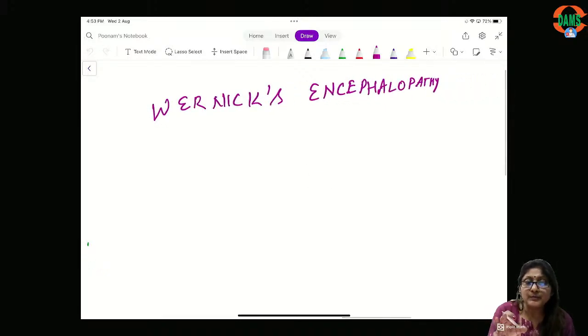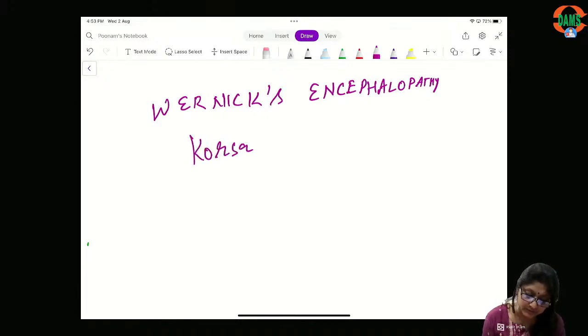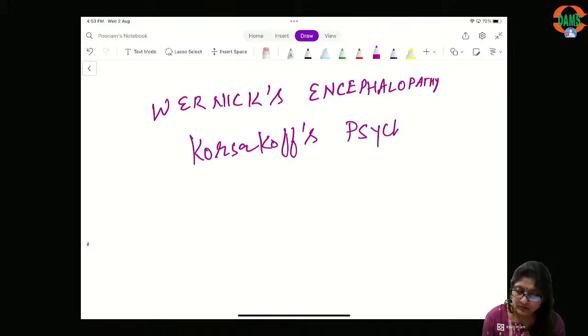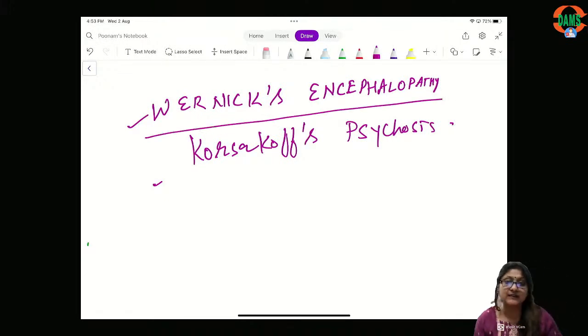There is another similar problem, which was described by another scientist, Korsakoff, which is known as Korsakoff psychosis. In fact, it is interesting to know that Wernicke and Korsakoff were independently, parallelly working on the same manifestation of B1 deficiency. Wernicke named it Wernicke's encephalopathy.